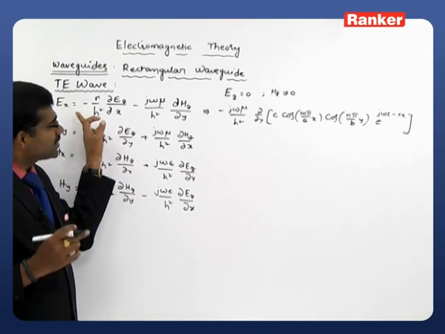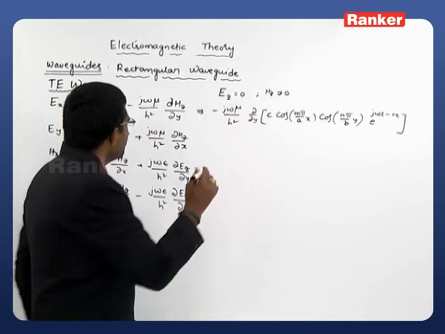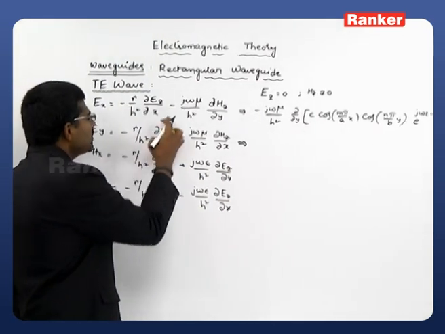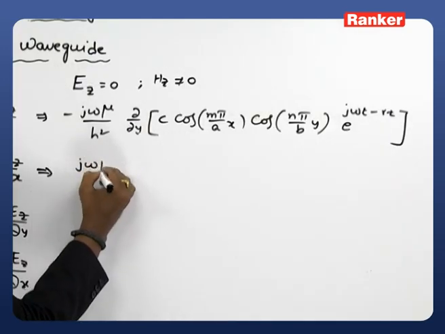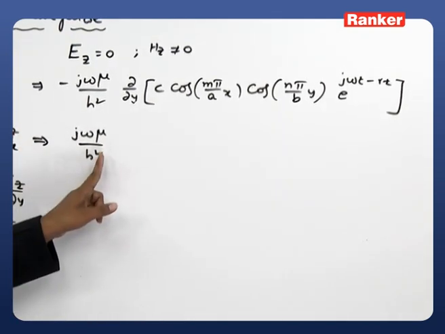Clearly observe that, so you can differentiate that one. Similarly, you will get the equation for Ey. As Ez is equal to 0, the remaining term which is left for us is j omega mu by h square. Directly I will try to write down the differentiation equation here.